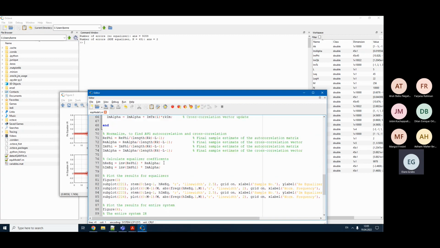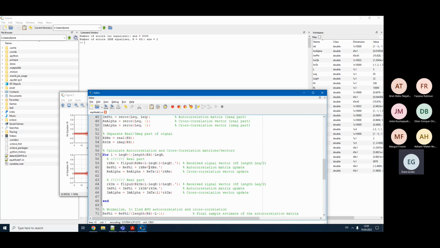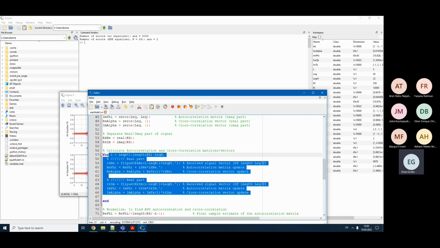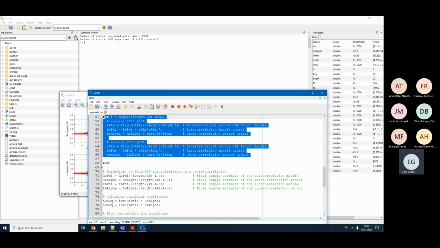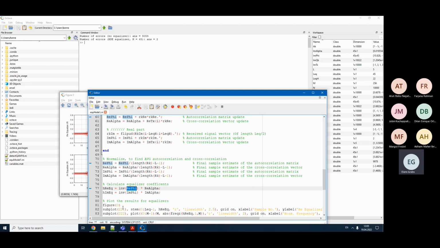Here we had to calculate this autocorrelation matrix, which is quite a calculation-intensive process, and we also needed to find the inverse matrix, which is also quite a complicated operation. But the iterative method is more computationally friendly for simpler processors and simpler software code.